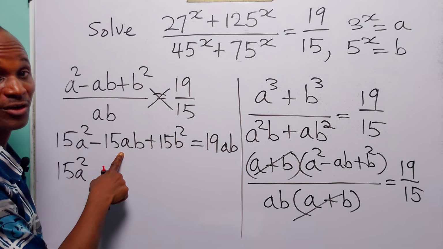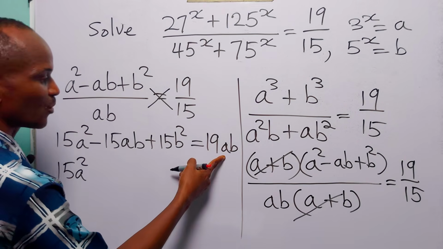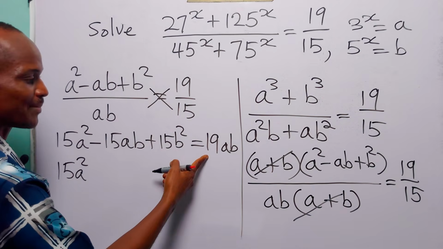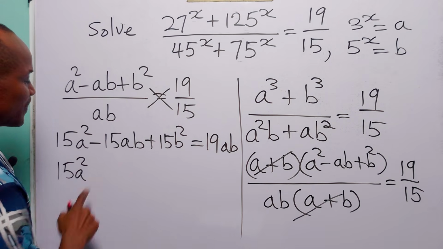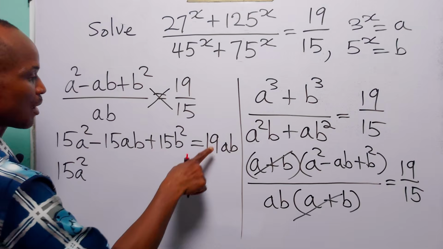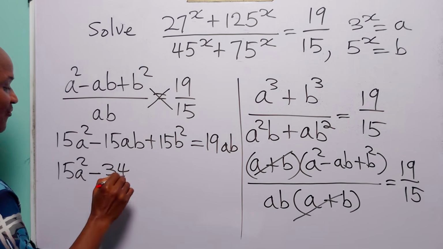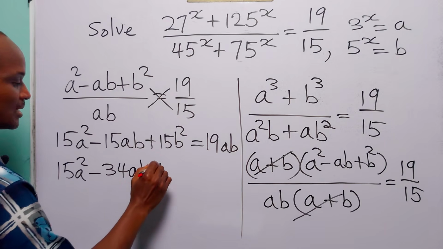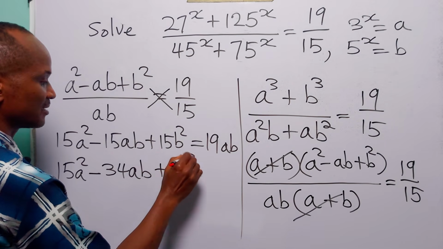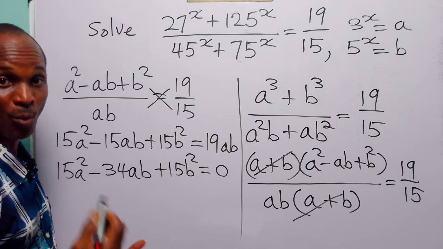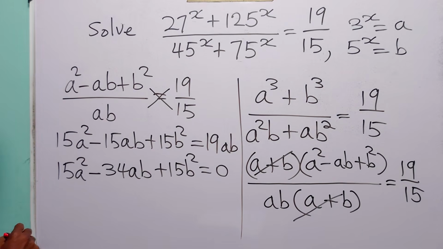Here we have minus 15ab. When this comes over, it becomes minus 19ab. Minus 15 minus 19 is minus 34ab. Then we have plus 15b squared, and this is now equal to 0.